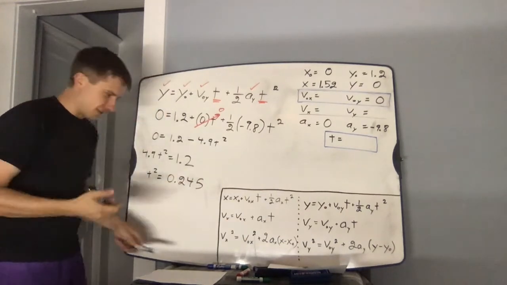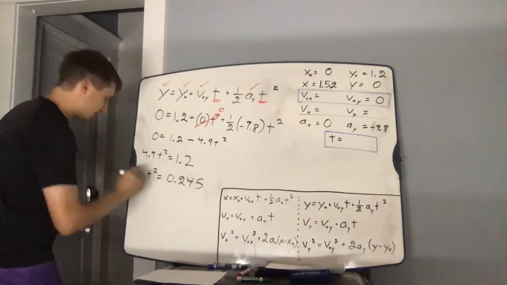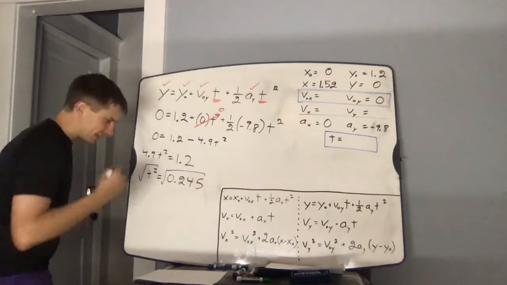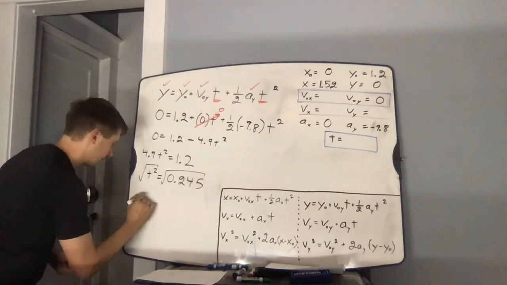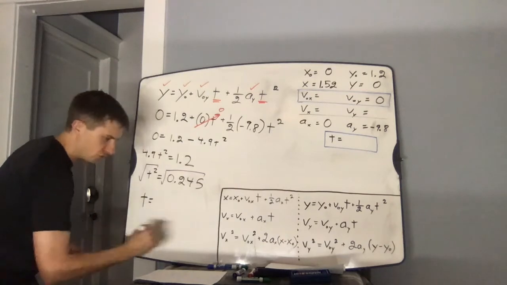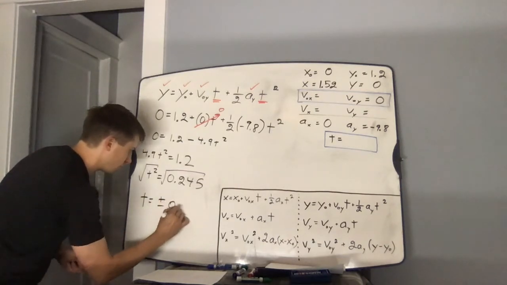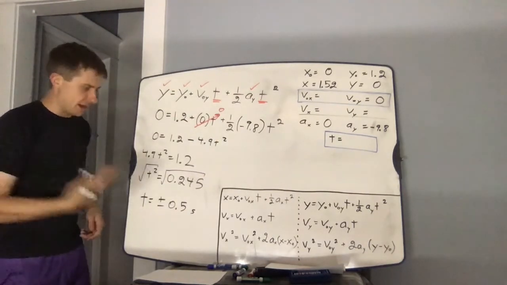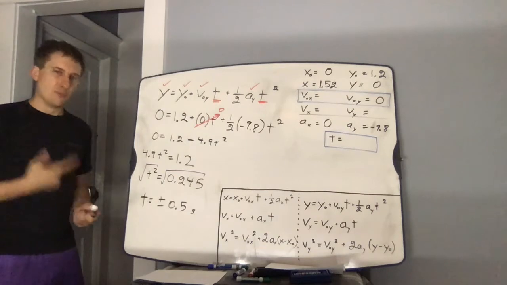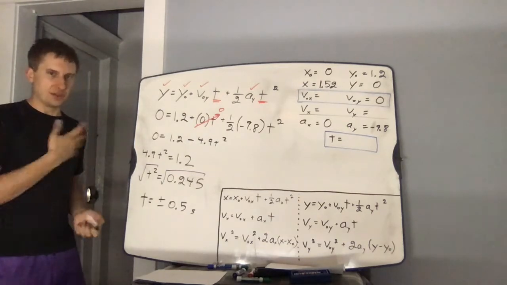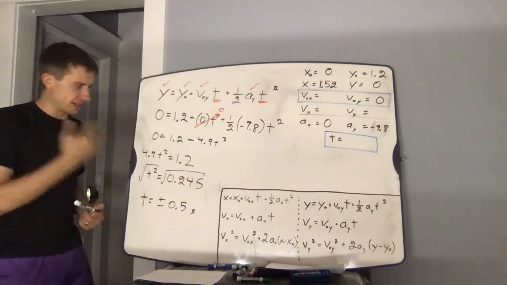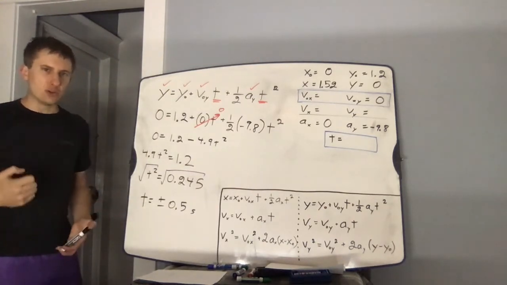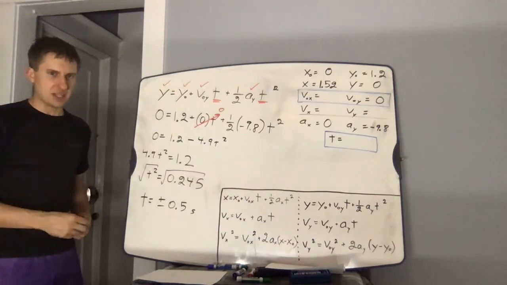And I take the square root of both sides of this, and then I get t is equal to plus or minus 0.5 seconds. Now, mathematically, I have two solutions to this equation, but I need to now think about what these solutions are telling me and actually connect them to the real physical world. We say t equals 0 is the moment the ball rolls off the table.